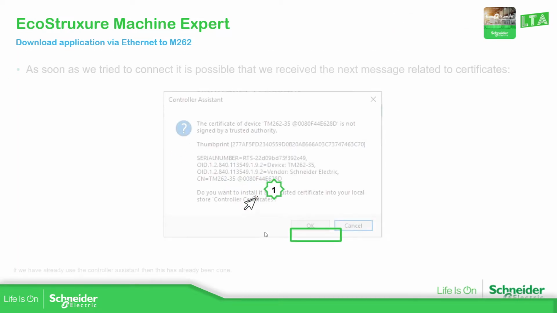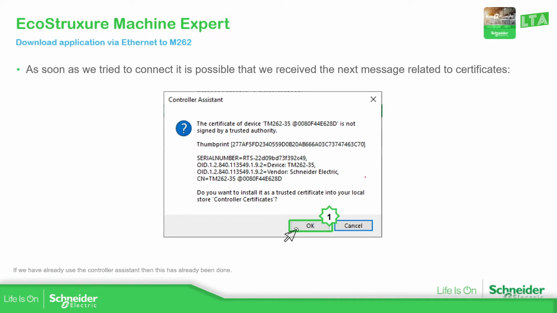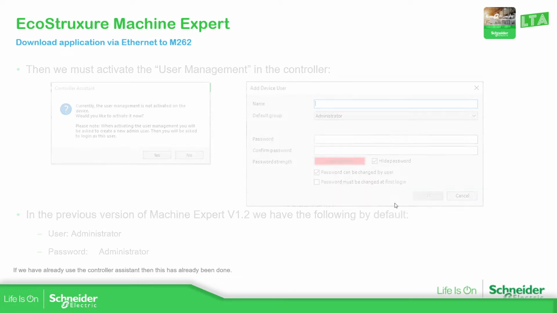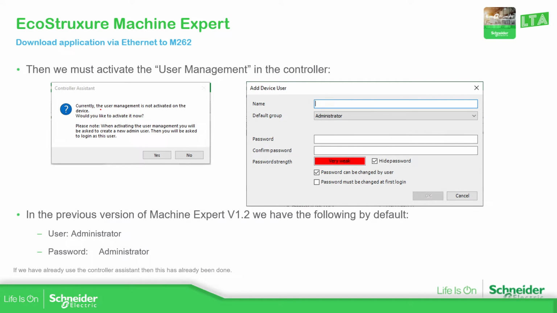Then, if it's the first time with this controller, you will receive this certificate that you will need to allow in order to connect, and then the user management, you will need to assign a user management. So you will need to create a user, as here, and the password, and confirm the password.